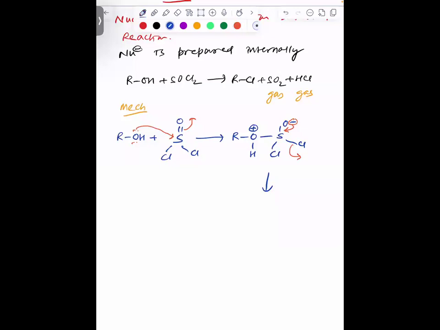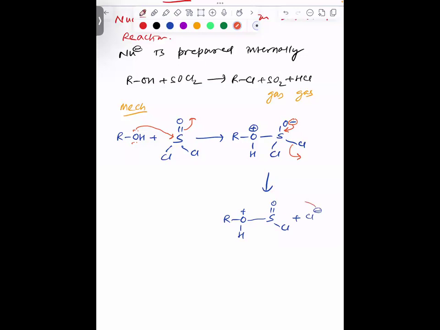So in the next step, what will be the product? This plus S double bond O Cl plus Cl minus.